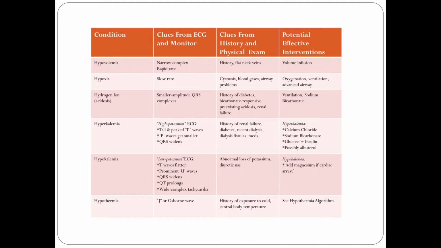Hyperkalemia, so high potassium, we're going to see tall peaked T waves, right? The P waves will get smaller, but the T waves will be peaked and higher. You might see a little widening in the QRS, wider than what's normal. But the peaked T waves are what really help. You might have a history of renal failure, diabetes, dialysis, home dialysis, recent dialysis.